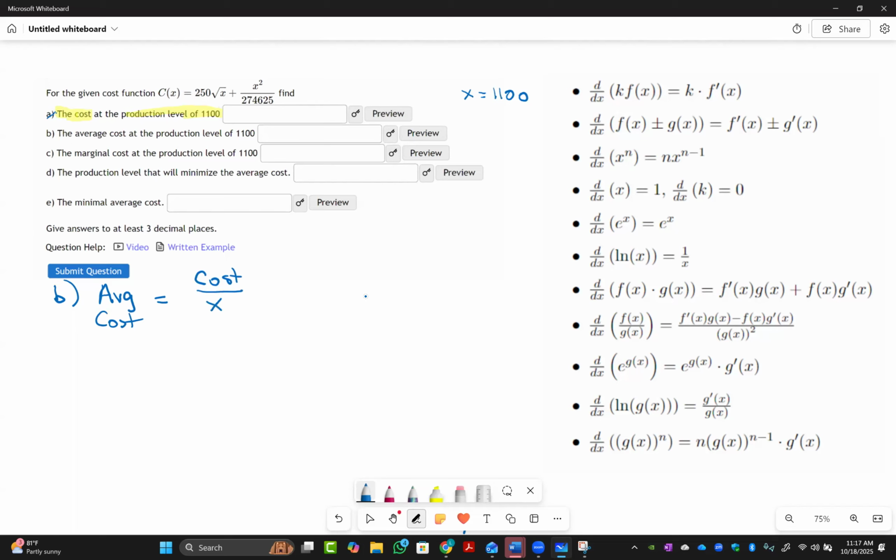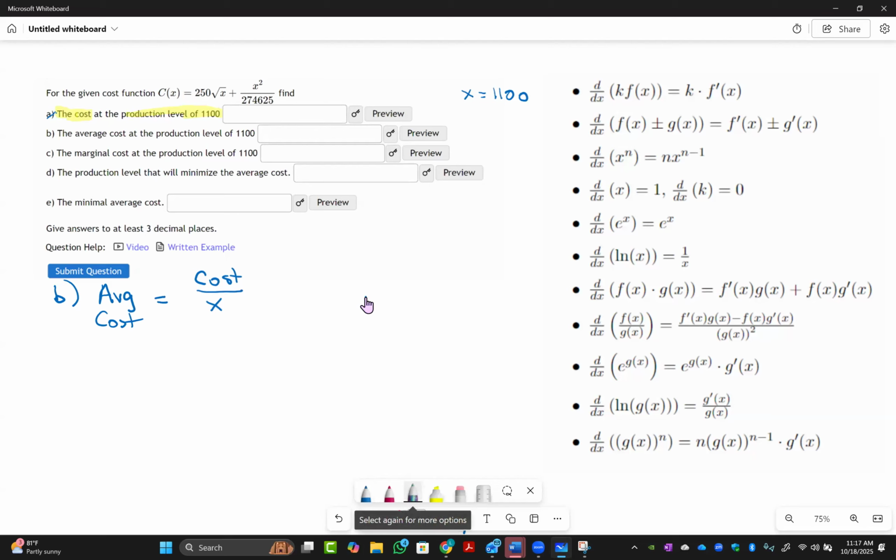That would be the average cost per item. Because if I have the total cost for the whole thing, and then I divide it by the number of things I made, don't I get the average cost? Yeah. That makes sense.